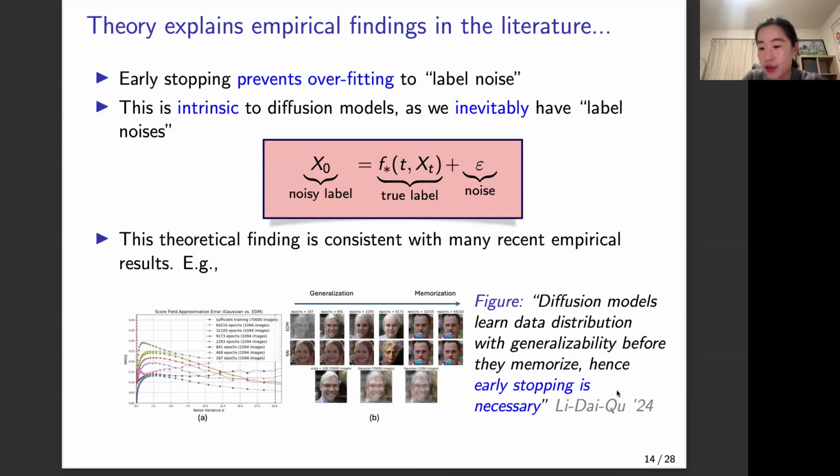For example, in this 2024 paper, they mentioned that diffusion models learn the data distribution with generalization first, and then the model starts to memorize if we don't do early stopping. This implies that early stopping is necessary and essential for practical implementation. And we also observe that theoretically, if we want to have good control, early stopping is also important. So the theory we find is consistent with many interesting empirical findings in the literature.